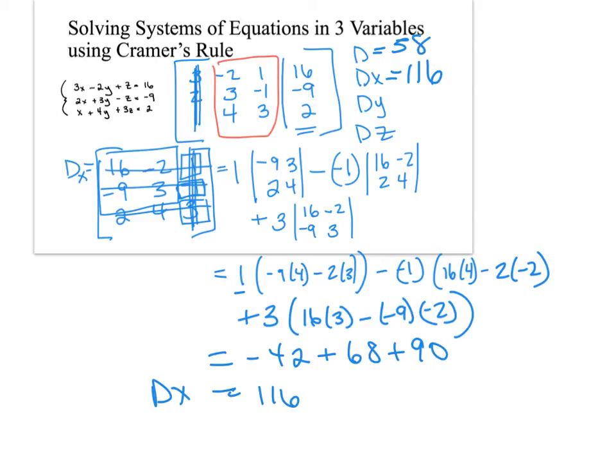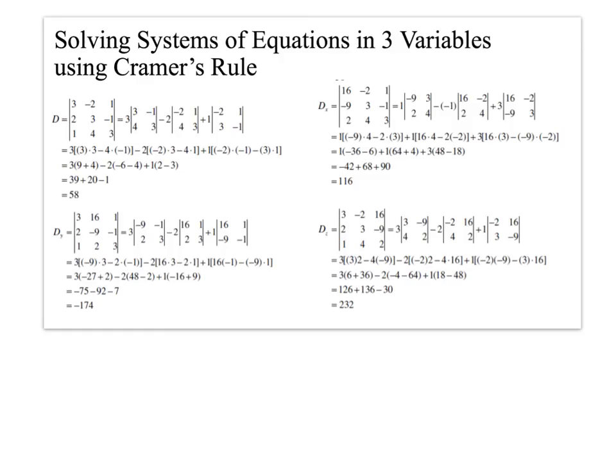So we're slowly building up. And to save a little bit more time, here are the 4 solutions for determinant d, dx, dy, and dz. It's important that you see how we create the original 3 by 3 for dy and dz.